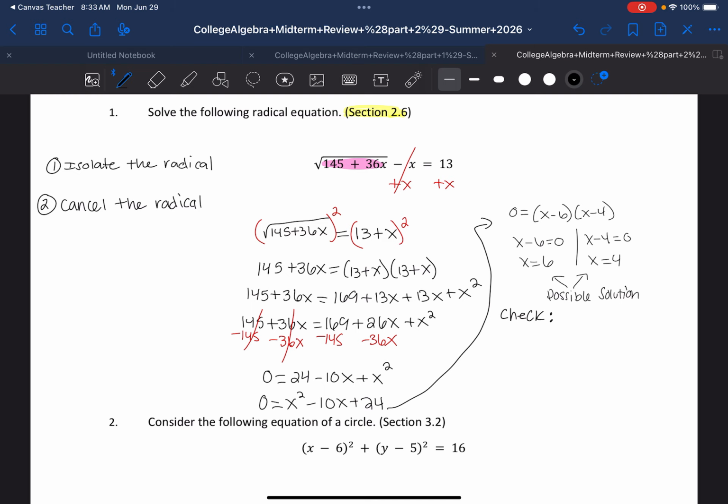You have to check. So for x equals 6, we have the square root of 145 plus 36 times 6. And I'm just going to go ahead and set that equal to the 13 plus 6. So I'm kind of using the one after I added x to both sides.